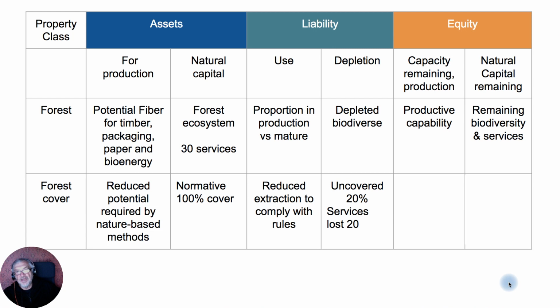Depletion is uncovered. Depletion is about 20% in Sweden at this time. That's to say, I think at any one time maybe 20% of the forest is actually forest no longer. It's clear felled. And as we said, the services were lost at 20%. The equity, of course, is the remaining capability, and it's also the amount of cover at this time, and the 10 services that are still working very well.